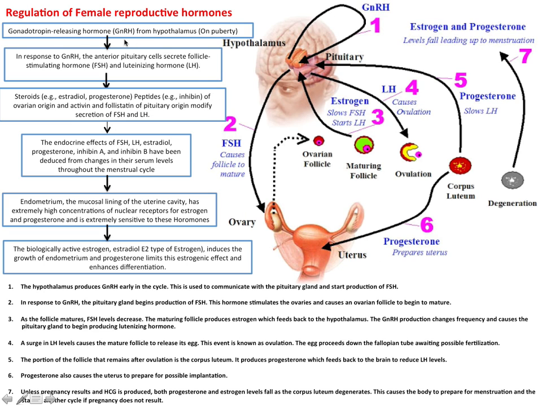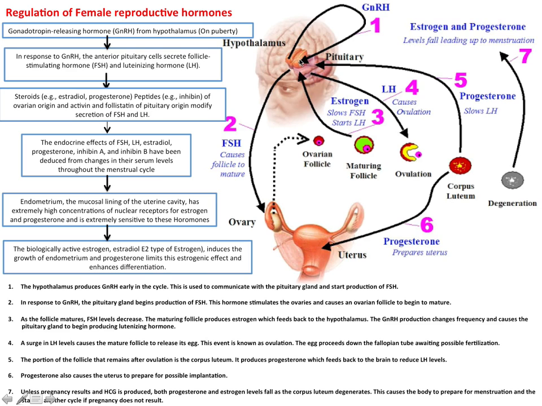So now I will discuss the regulation of female reproductive hormones. In the first point, during puberty, the hypothalamus starts secretion of GnRH, that is gonadotropin releasing hormone.